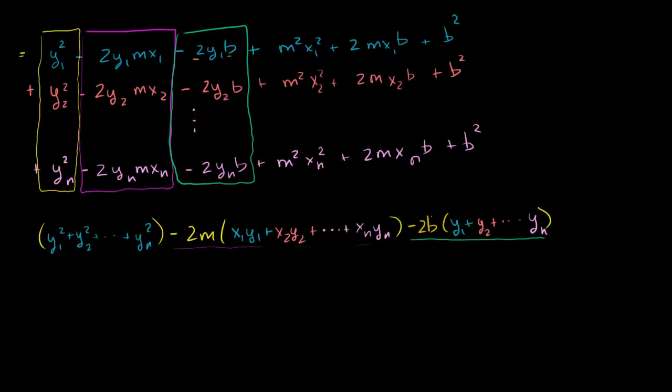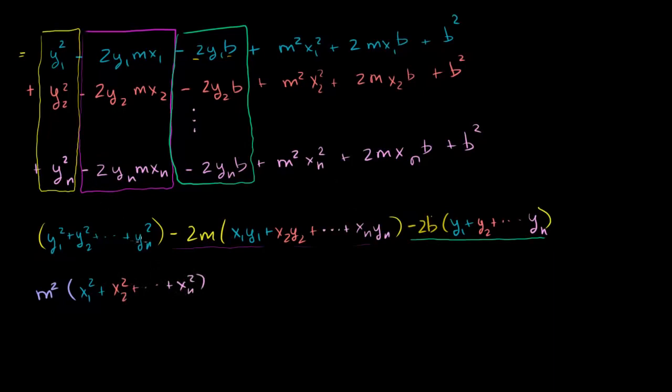In the next video, we're probably going to run out of time in this one. In the next video, I'll simplify this more, and it'll actually clean up the algebra a good bit. So then the next term, what is this going to be? Same drill. We can factor out an m squared. So we have m squared times x1 squared plus x2 squared plus all the way to xn squared.